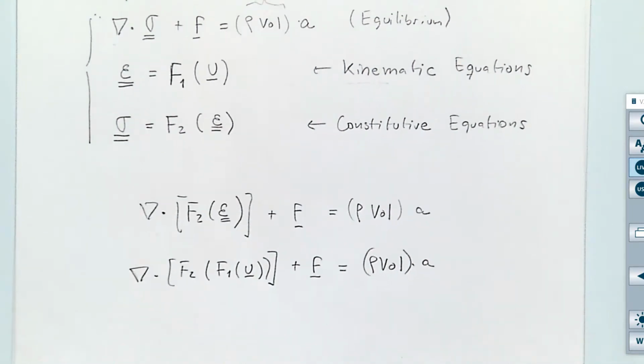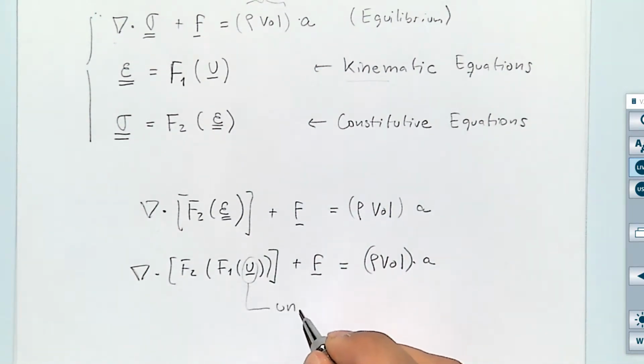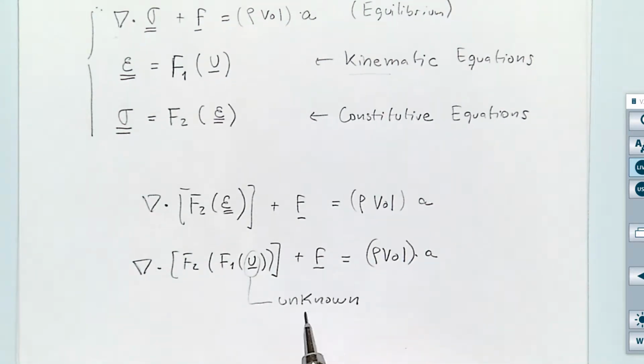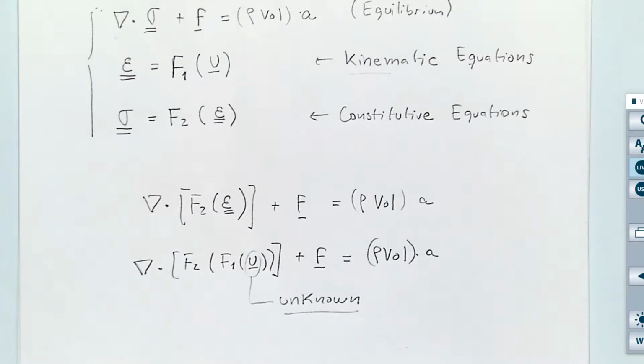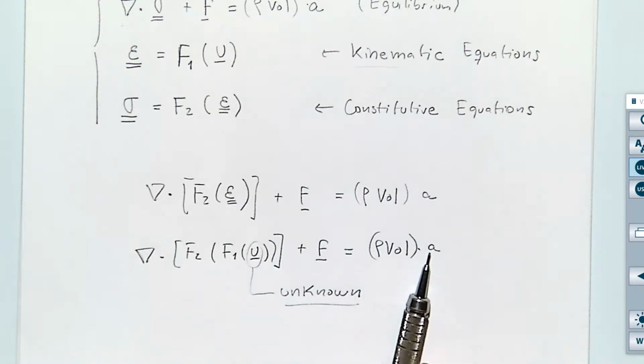So at the end of the day, this is going to be our unknown, and this is what we're going to solve for. So this is just an equation with things that we know and things we don't know. In many cases we're going to see that we set the acceleration equal to 0. That means that inertial forces are very small.